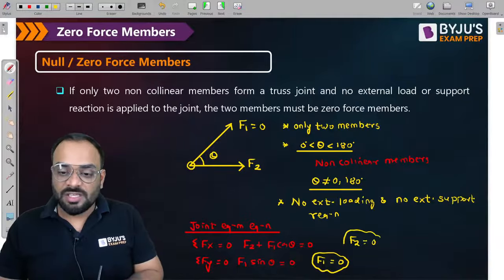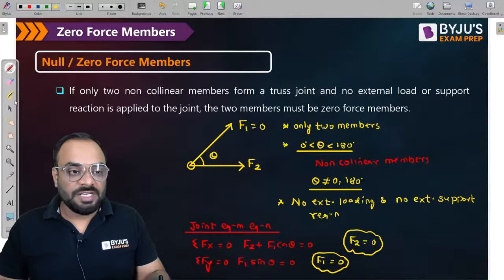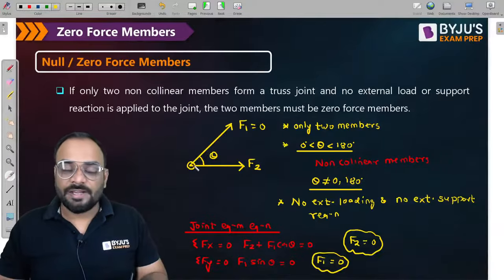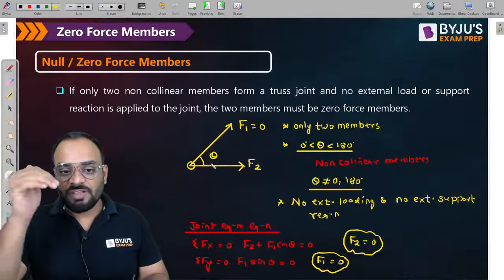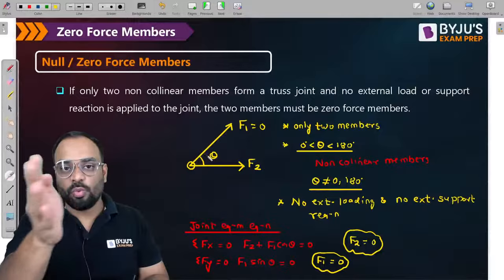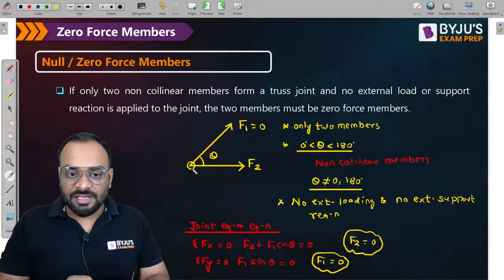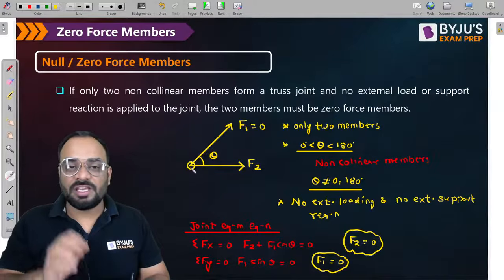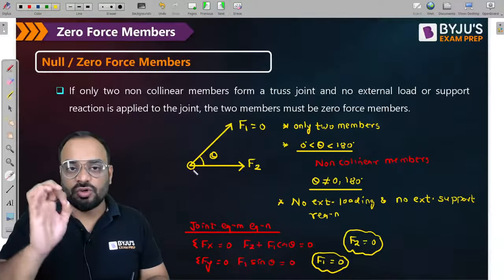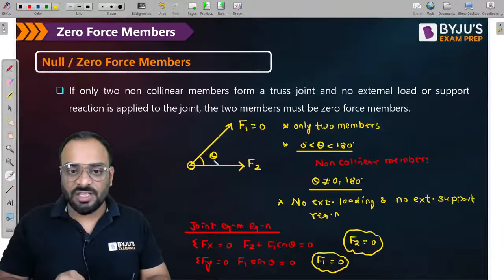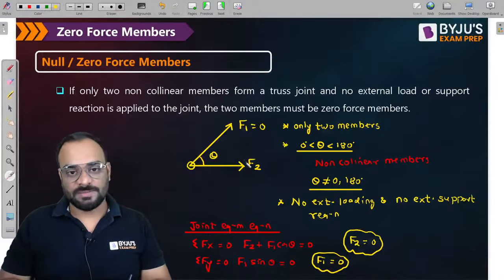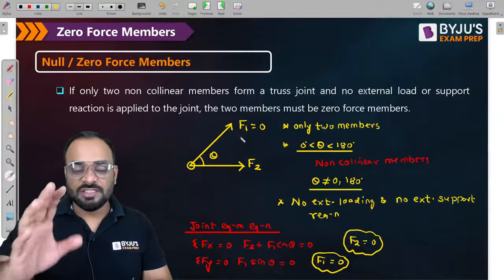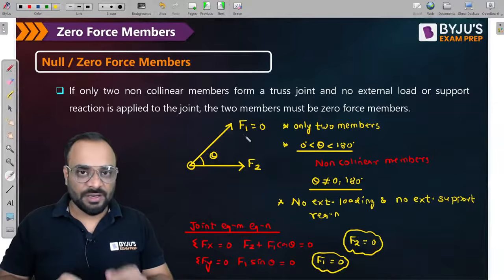That means if two members are meeting at a joint and these two members are non-collinear in nature, that means the angle between these two members is in between 0 to 180 degrees, and at this particular joint there should not be any kind of external loading or external support reaction, then these two members will carry zero force in the truss. Are you getting my point?